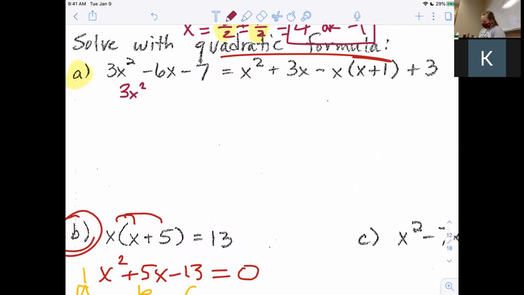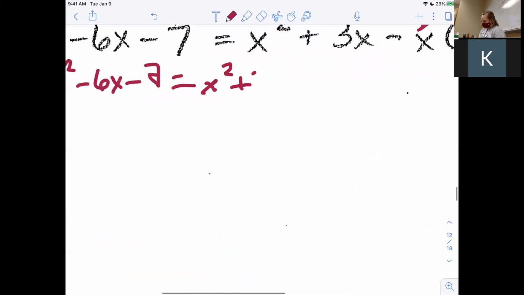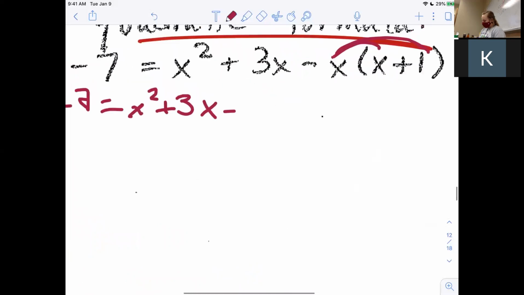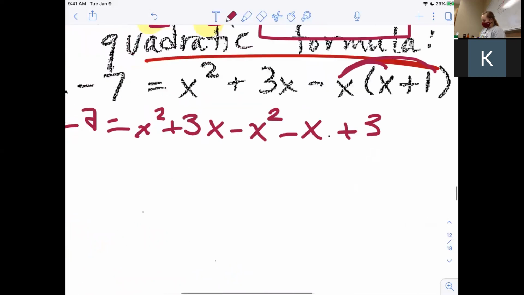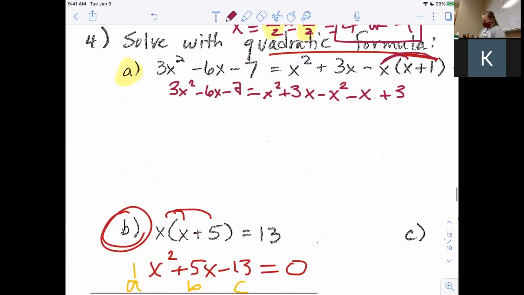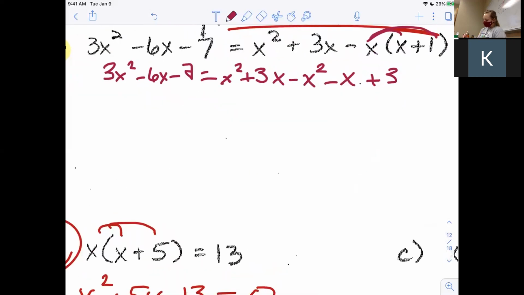I can't really do anything on the left side, so I'm just going to bring it with me. The right side, I'm going to distribute that through. x squared plus 3x minus x squared minus x plus 3. Like terms, those will cross out.